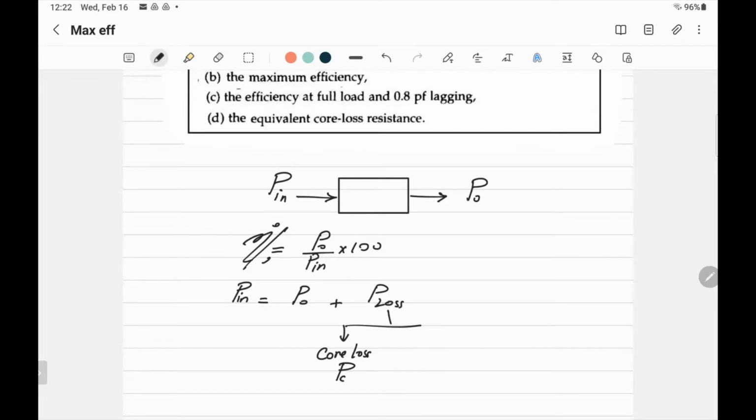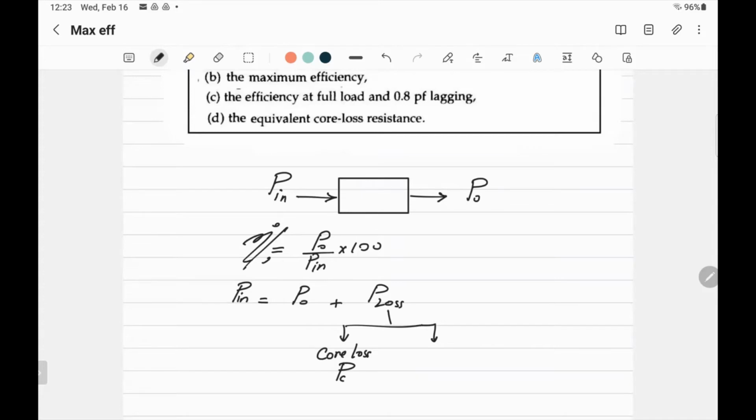And what about the other one? Eddy and hysteresis, both are included in core loss. They are fixed, by the way. We consider them fixed. If you are working with the specific frequency and specific voltage, it's fixed.